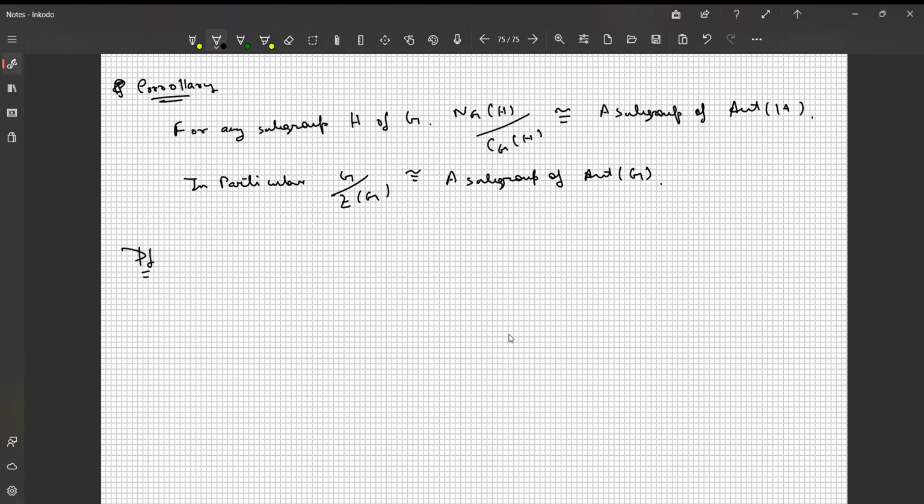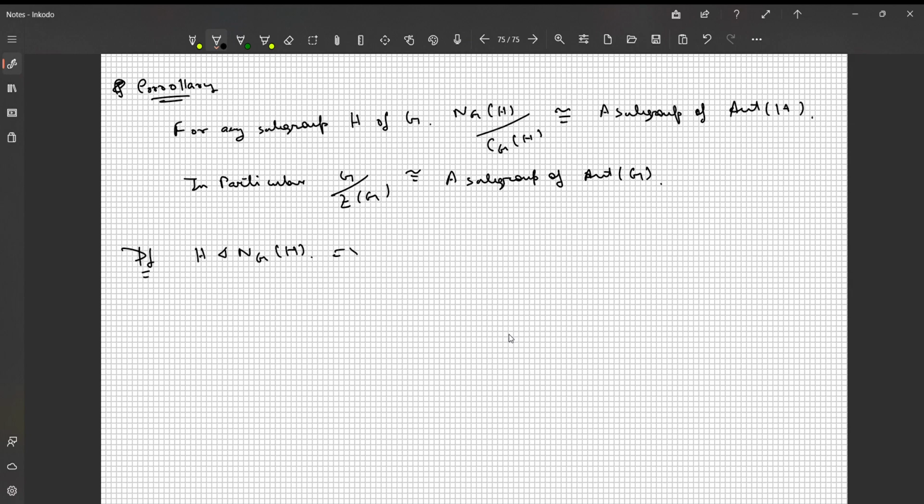Now notice that H is normal in the normalizer of H, right? Therefore, the proposition we proved, if the complete proposition is stated again by just replacing G with the normalizer of H in G, then the same statement holds. There is nothing different.